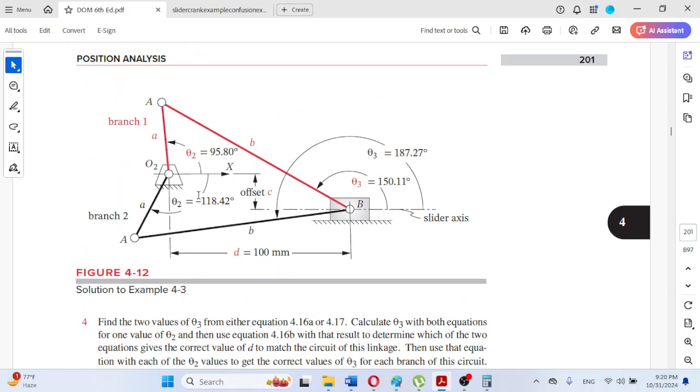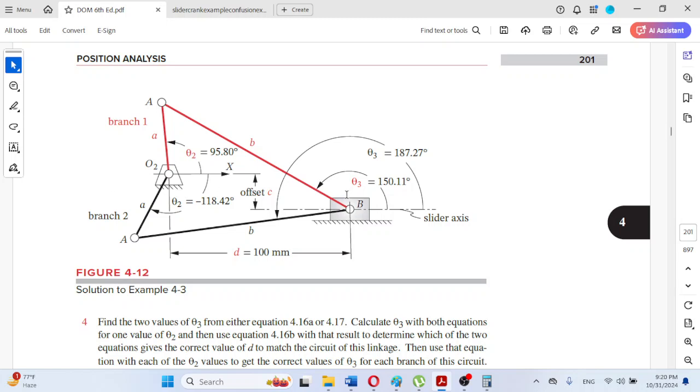For two positions or two angles of the crank, there can be two possible locations for the same offset, minus 20 millimeter: this slider B can be on the right-hand side of O2, or on the left side of O2.